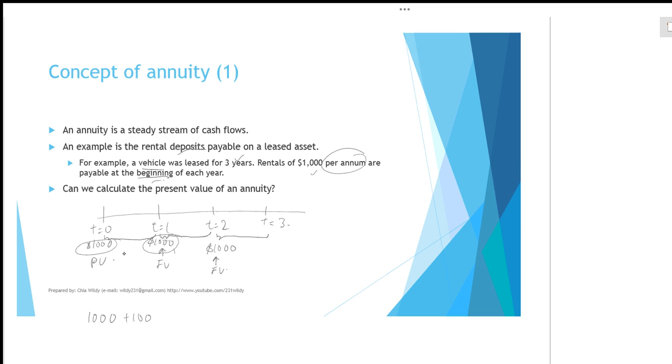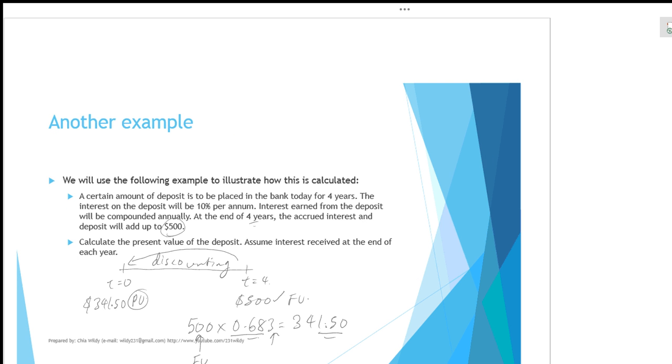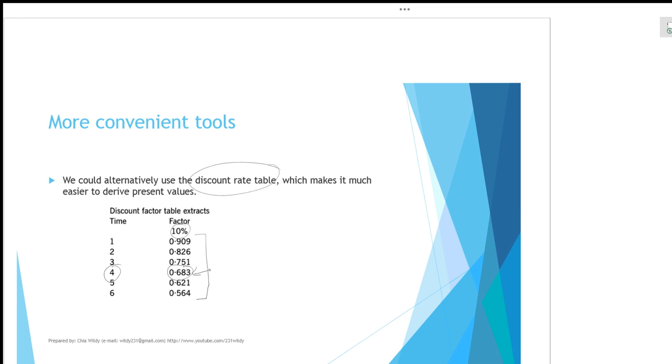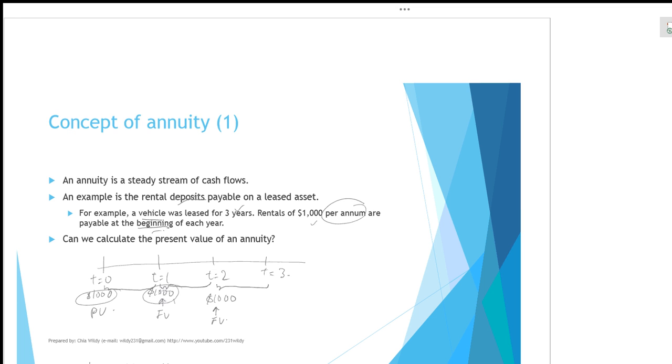We take 1,000 multiplied by, let's refer to the discount table, at 10%, 1 year, the discount rate would be 0.909. So for t equals 1, we take 1,000 times 0.909.